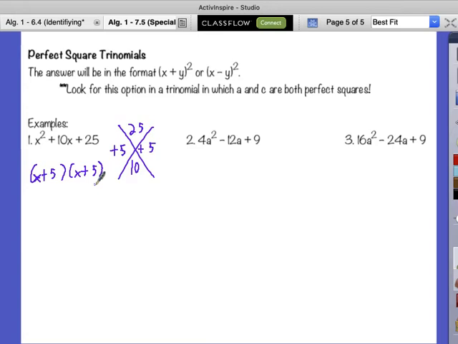And if we went through and multiplied this back out, we'd get the original answer. Now you can also write this, or is this the same thing in these parentheses? x plus 5 and x plus 5? Yeah. You can also write this as x plus 5 squared, right? Either one of those is the answer. Okay? These are the same thing.